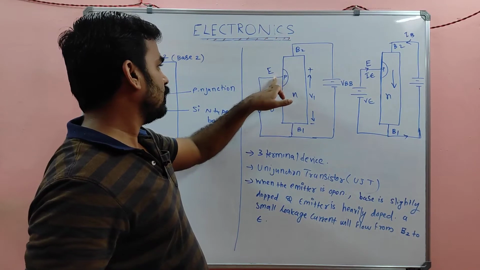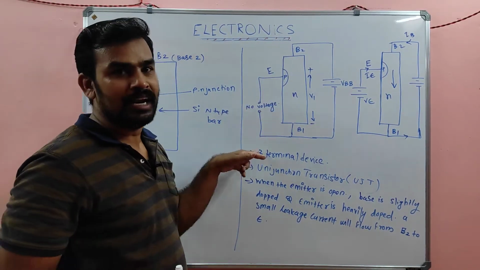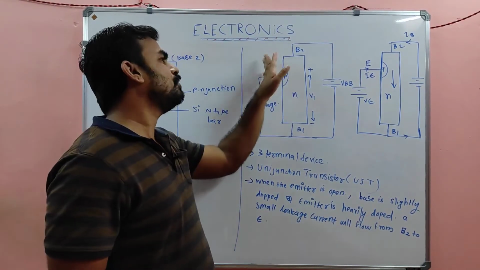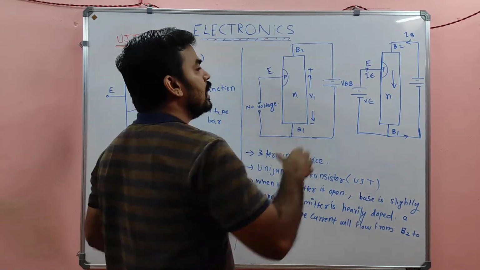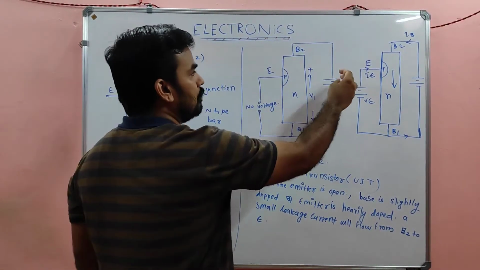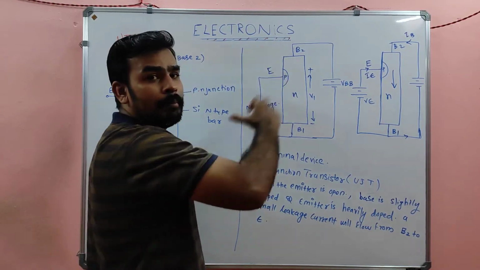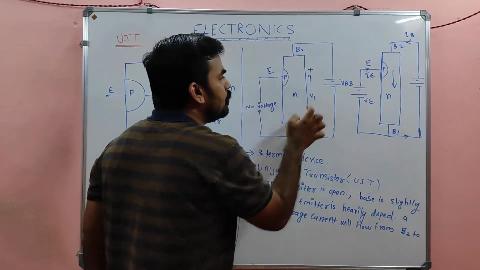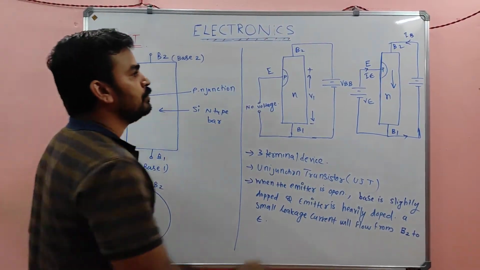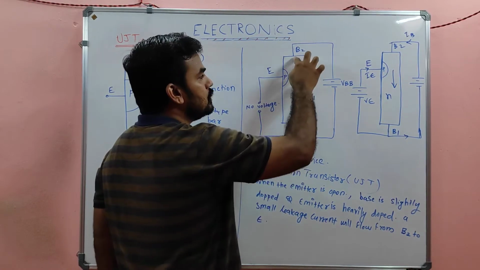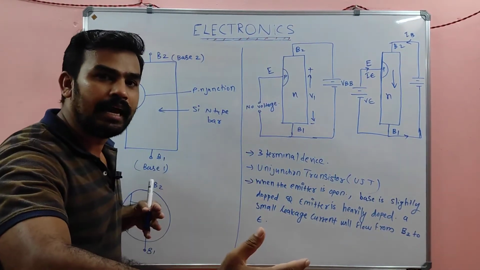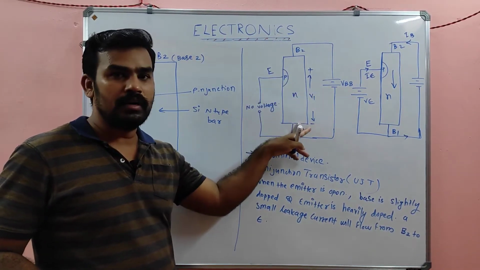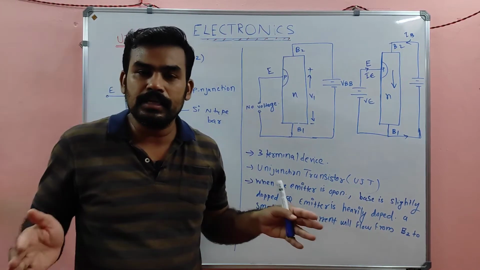But since there is no terminal here, that is, no voltage is applied or the emitter is open, no need to consider that current. There will be a large voltage drop across the whole silicon N-type bar. This voltage is represented by V1, because whenever we reverse bias the whole N region, the resistance will be very high.